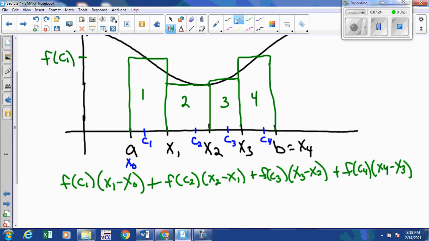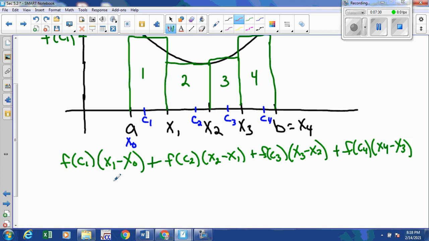Now you'll notice they follow a very regular pattern here. We can think about this number right here as just the width of this rectangle, the difference in the x. So we are going to write this in a shorter notation, saying that x1 minus x sub 0 is delta x1.